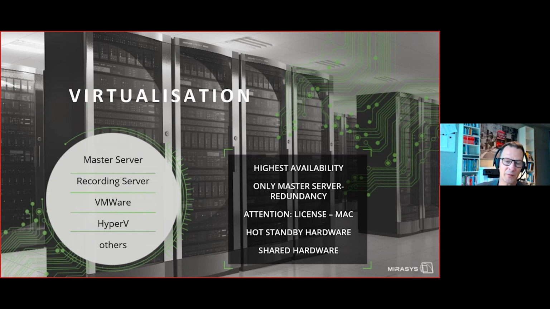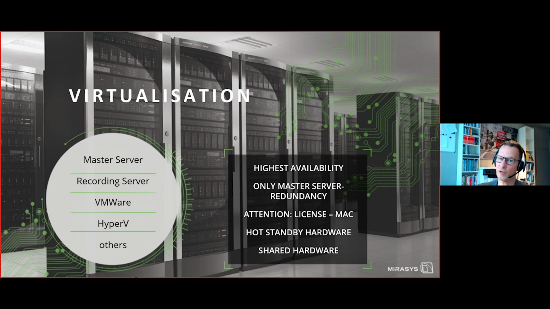Then you have the capability either to use so-called hot swappable hardware, or you can share the hardware itself, as you can do with VMware, for example, and run the master server and the recording server and its redundancies on the same machine with multiple cores. This gives you the highest availability in the system, because then you are completely free in how to design it.